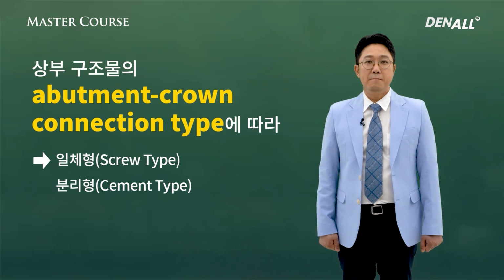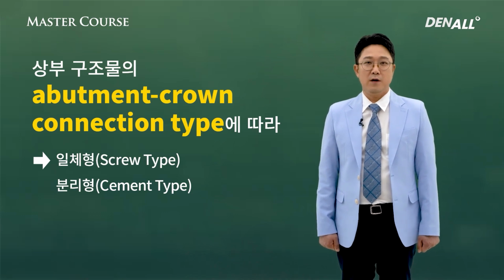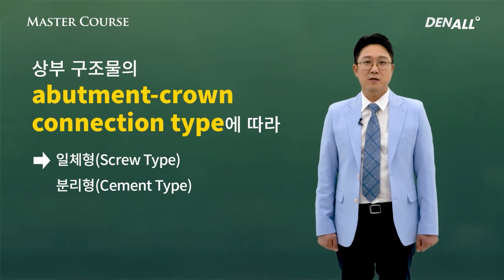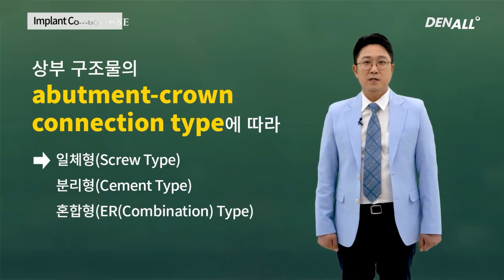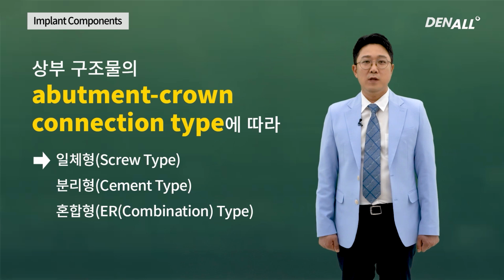And second, the fixture is connected to the abutment and, as if the tooth is prepped and an impression is taken, a gold crown is connected. Using the same method in mind, on top of the abutment, the crown is connected. This is the 2-piece cement type abutment. Third, this is a mixture of screw type and cement type. And this can be called ER, combination, or SCRP type.